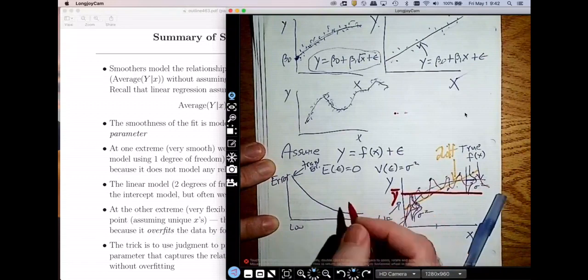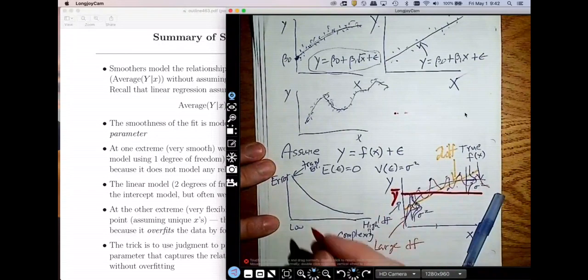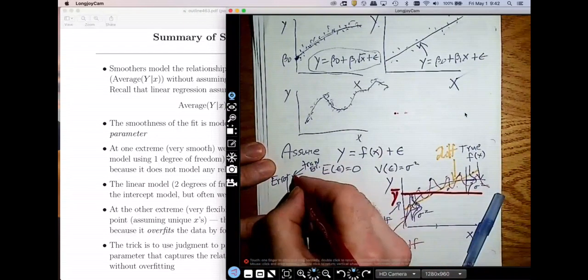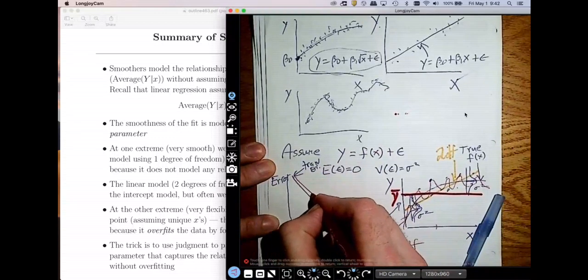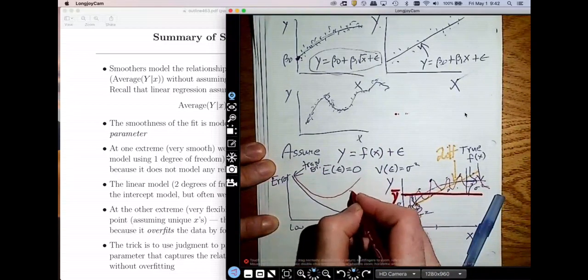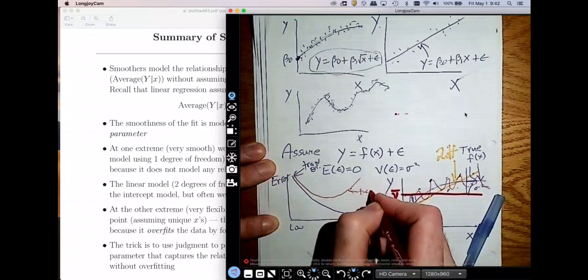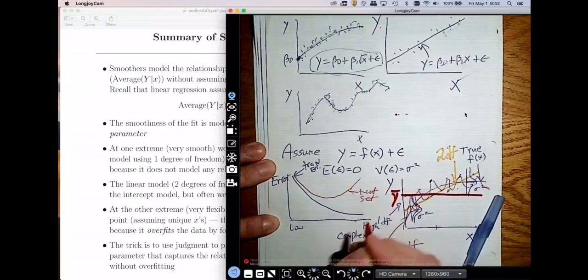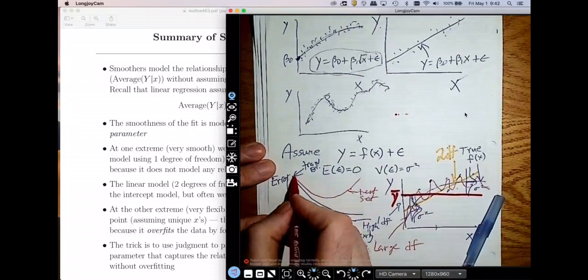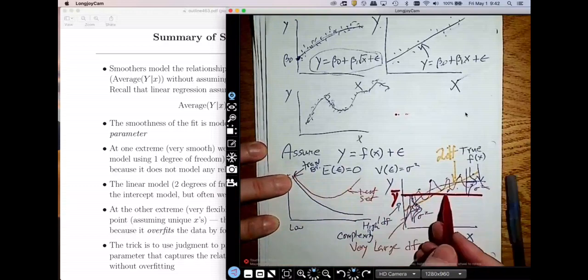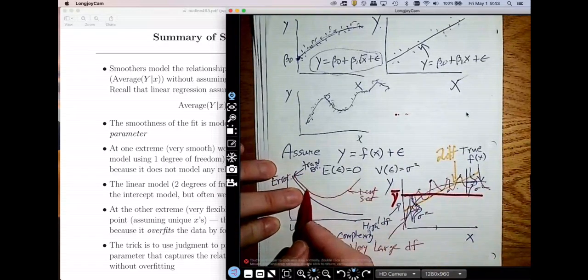Now, if I have that test set with 10,000 data points, what we're going to see is that here's your test set error. Up here, that's the red marker. Here's your orange marker.